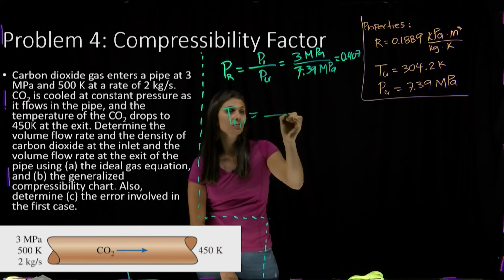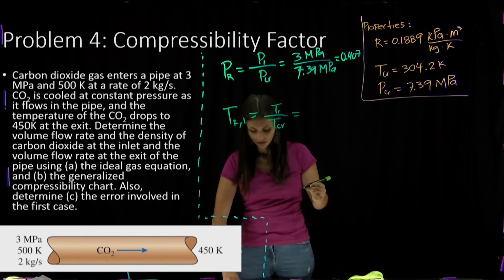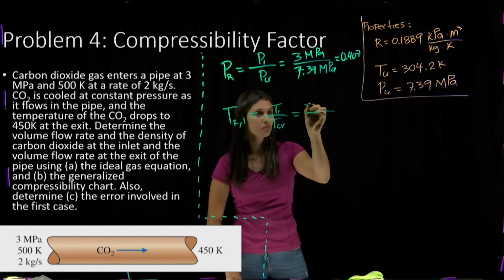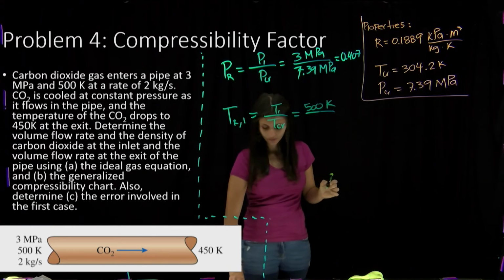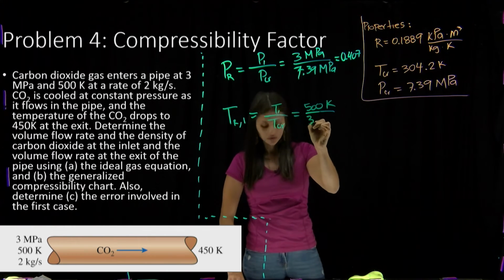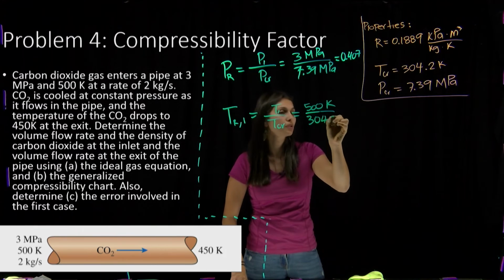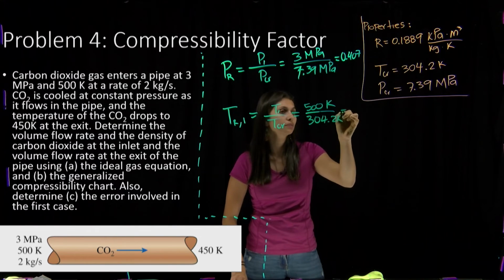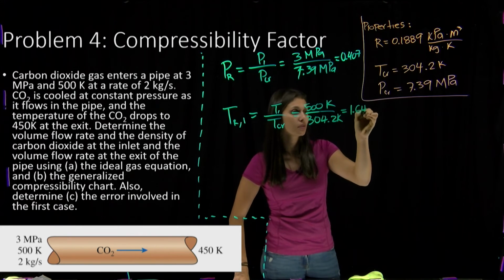So this should be equal to T1 over T critical, which was 500 Kelvin over 304.2 Kelvin, and so this ratio will be 1.64.